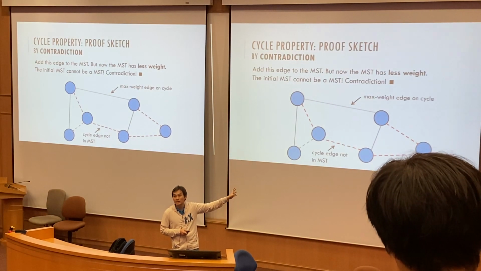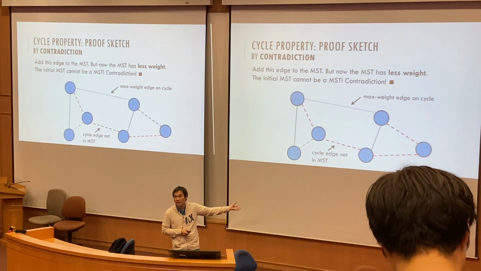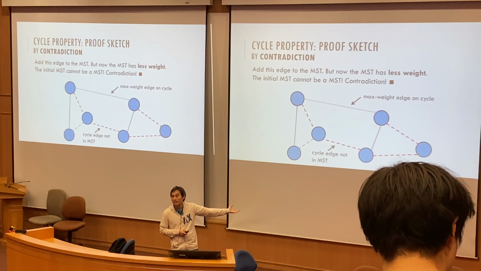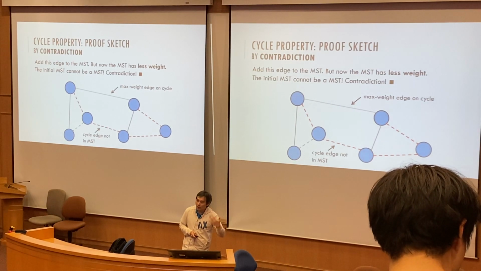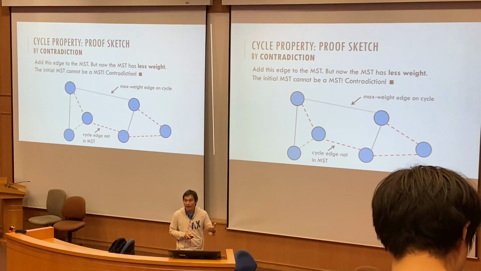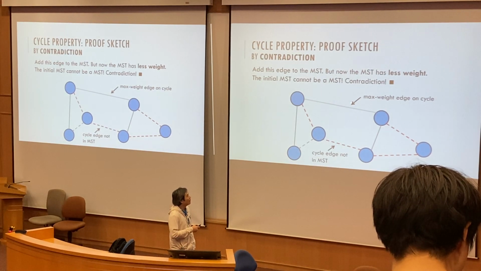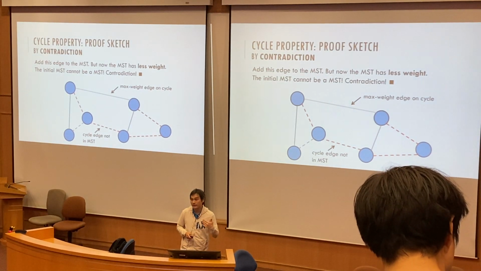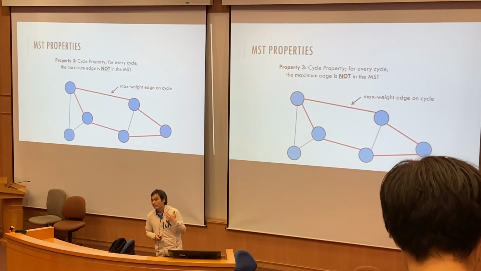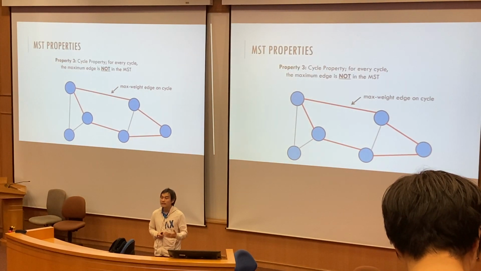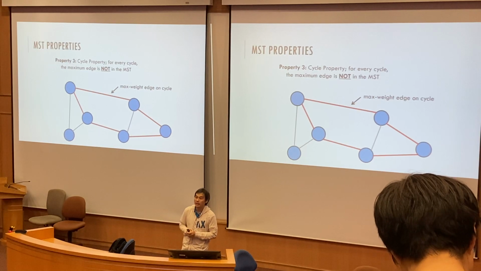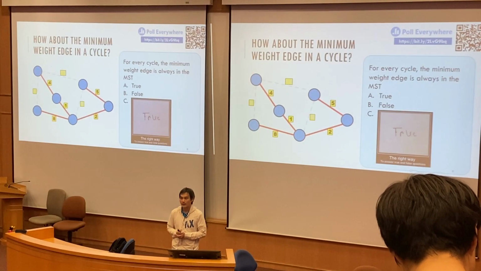It cannot be minimum, because I've just constructed a new spanning tree of lower weight by removing an edge and adding another. So the graph cannot be an MST with a max weight edge along a cycle. Again, remember property 3, the cycle property: for every cycle, the maximum edge is not in the MST.